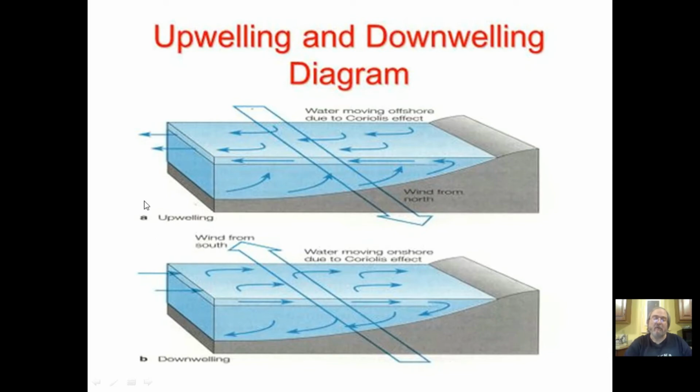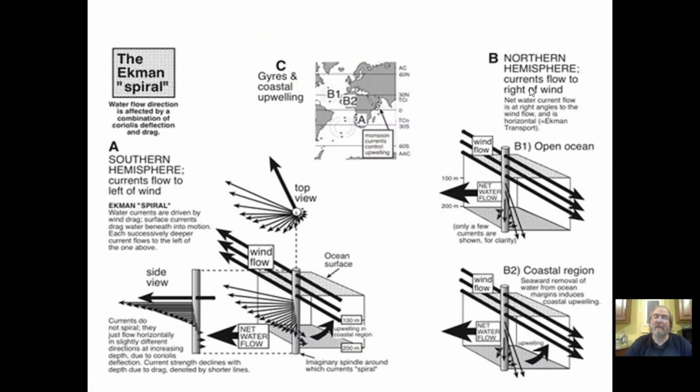And if the coast is over here, then you'd have the upwelling here and the downwelling there. And this is just all together in one big splat. It's pretty much saying the same thing I've been saying over and over again. The currents do not spiral, they just flow horizontally in slightly different directions at increasing depth due to the Coriolis deflection.